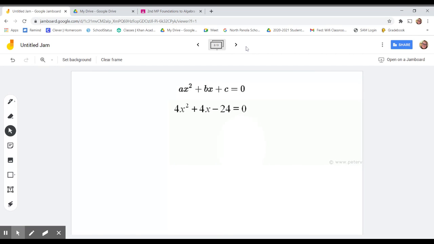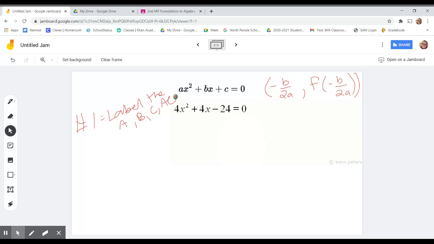I've got 4x squared plus 4x minus 24 equals 0. So I have negative b over 2a and f of negative b over 2a. That's my formula. Okay, that's going to give me my coordinate pair for the vertex. So the very first thing I need to do, number one, label the a, b, c, and ac.